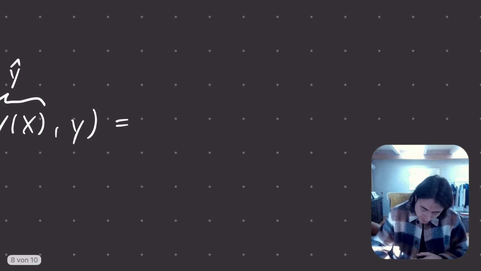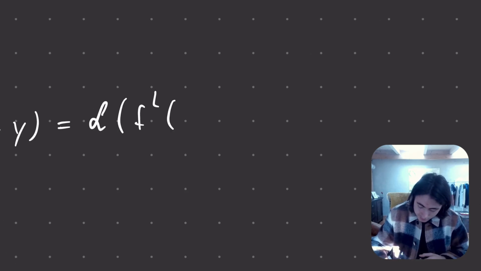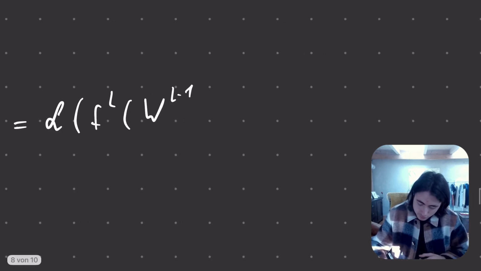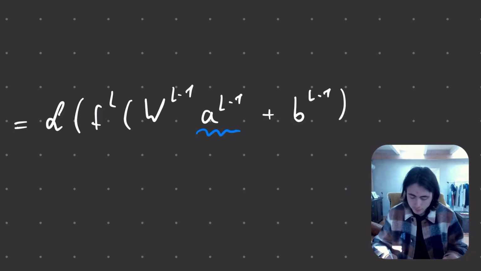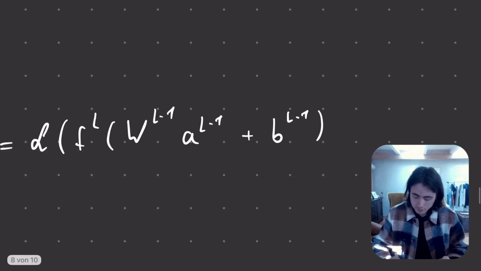So I can also write the loss of fl, and then inside here we had the argument wl-1 times al-1 plus the bias bl-1.